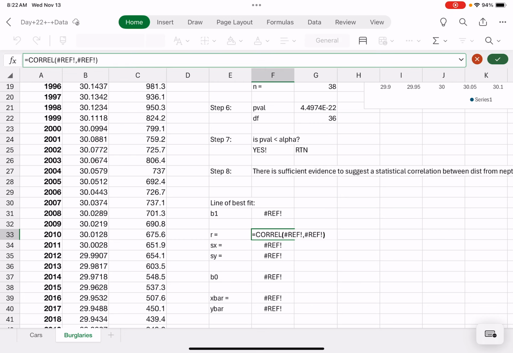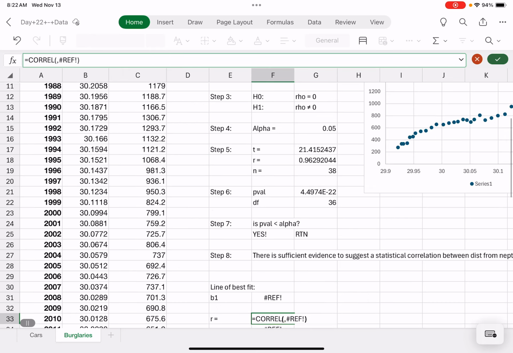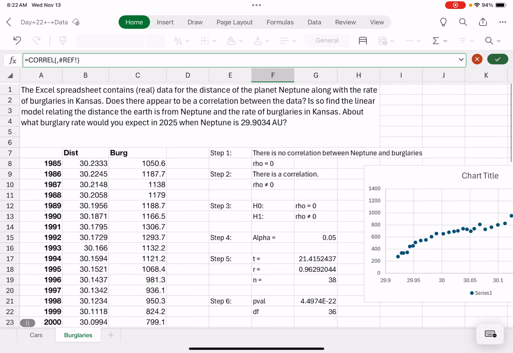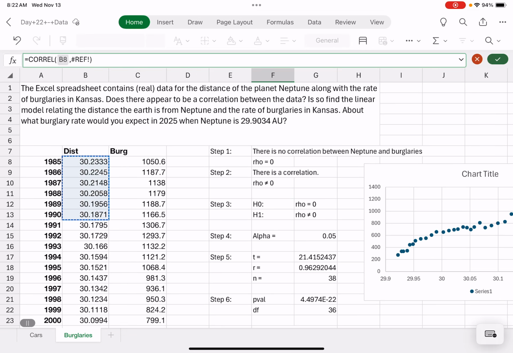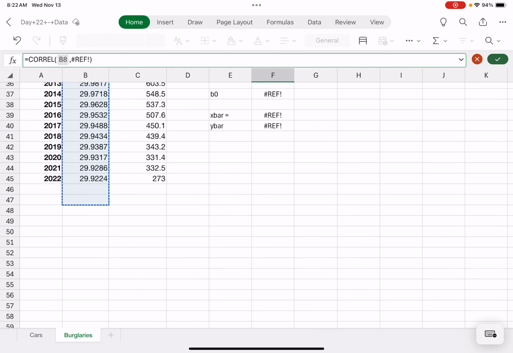My regression, oh, okay, so I've got to fix this range right here. Okay, so let me get this range up here. Distance from Neptune.